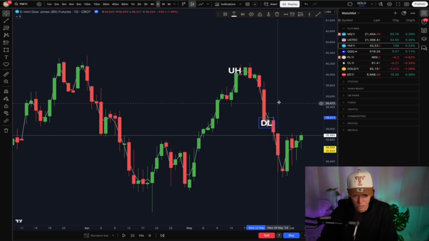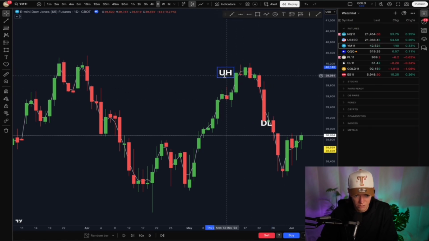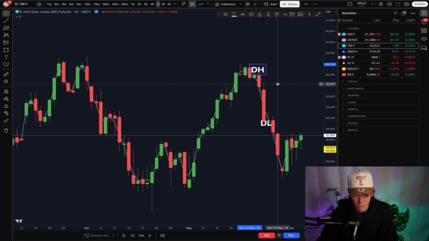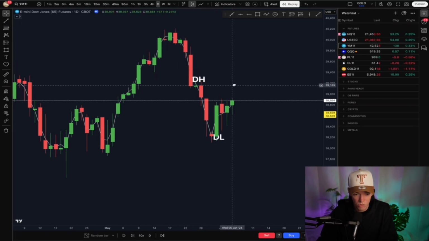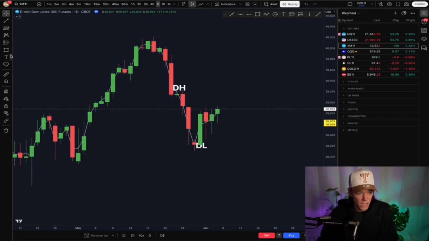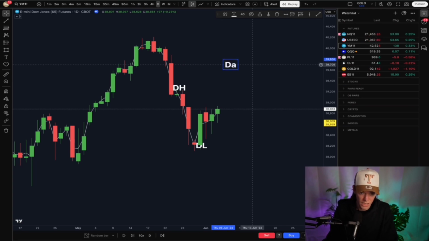And then we get our downtrend low because it broke this area. This is our downtrend high. Downtrend low, downtrend high.